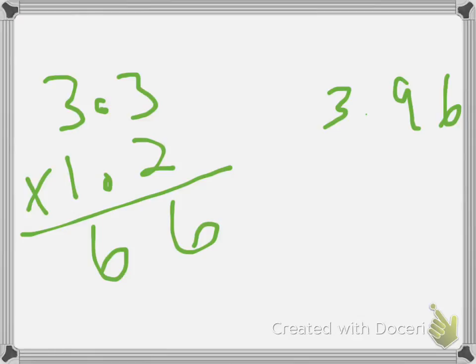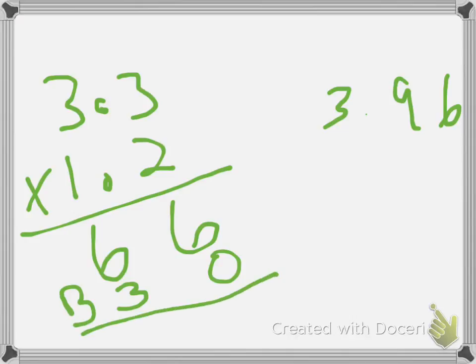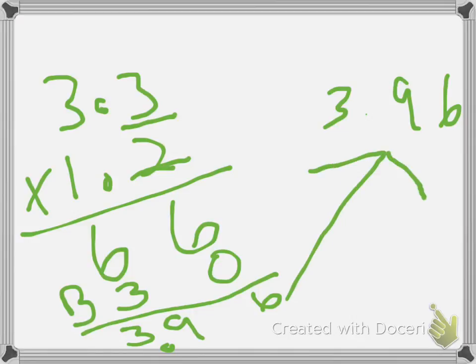Okay, add a 0 to hold a place value. 1 times 3 is 3, and 1 times 3 is also 3. Add them together. We have 6, 9, 3. And because I have 2 decimal places, I'm going to move my decimal 2 places to the left to make it 3 and 96 hundredths. And if you notice, I got the same answer.